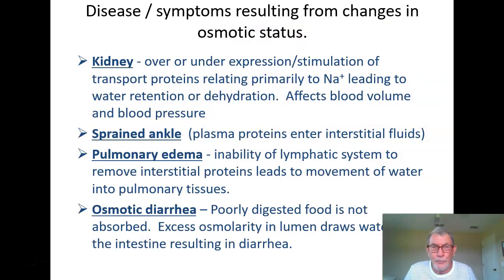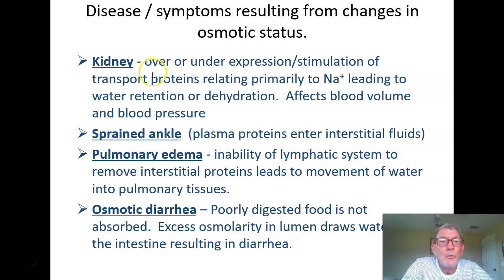Various things result from problems with osmosis. Kidneys transport solutes and water into the urine so you can pee it out. And what they are supposed to do is have you pee the right amount of solute to get rid of things you don't want, pee out the right amount of water to keep your blood volume right, and everything is all fine.